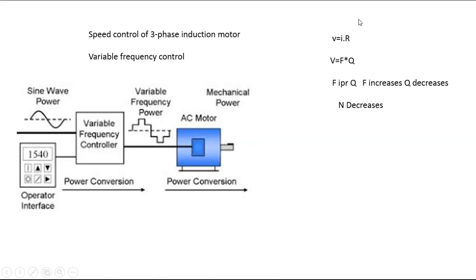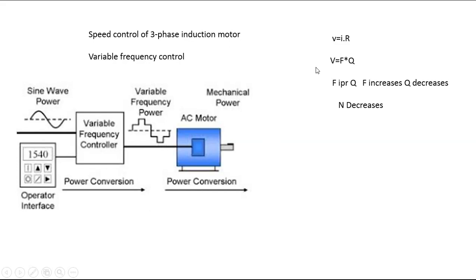So how to explain this topic? What is variable frequency control? Remember the formula. First, voltage formula is V is equal to I into R. But now, when a machine is rotating, the voltage formula is modified. Voltage equals frequency into magnetic field, frequency into rotating magnetic field for induction motor.